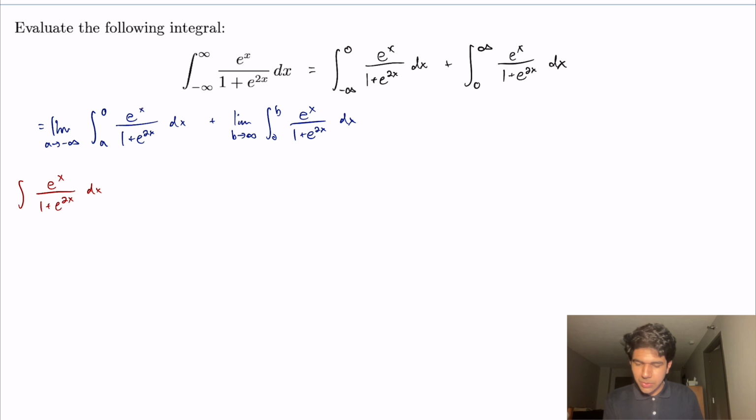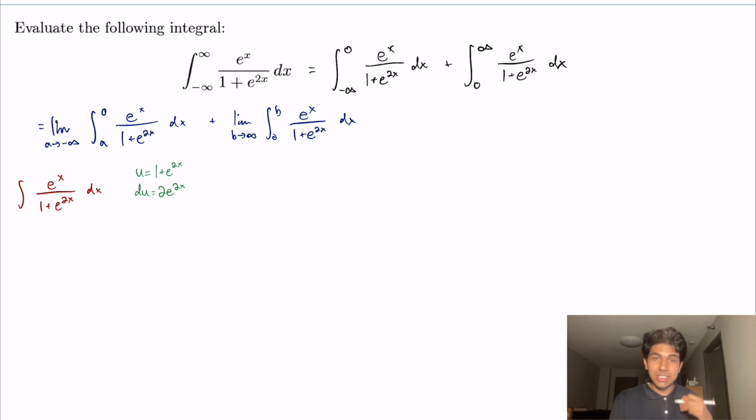Okay, so it's not immediately obvious what we could do. U substitution seems really tempting here with that denominator, but if we try it by letting u equal 1 plus e to the 2x, then du will be equal to 2e to the 2x, and it's not quite there because that e to the 2x doesn't really cancel with this e to the x.